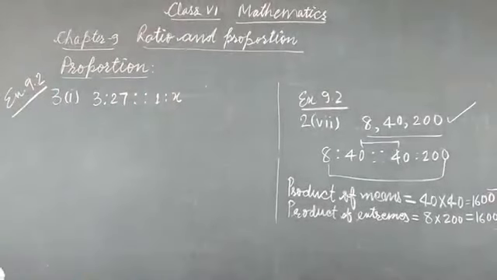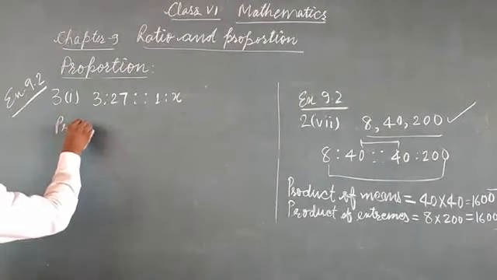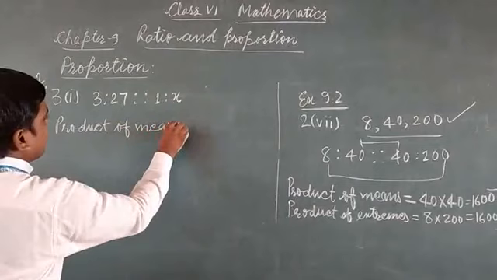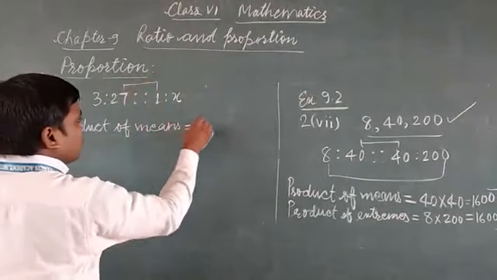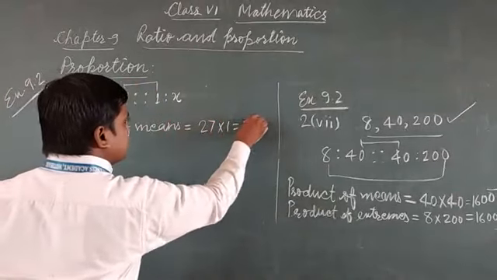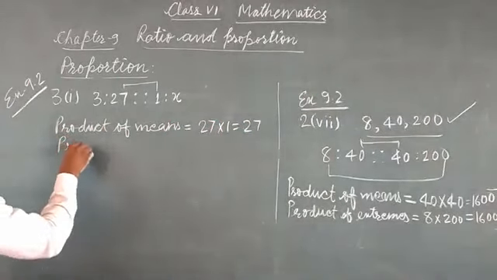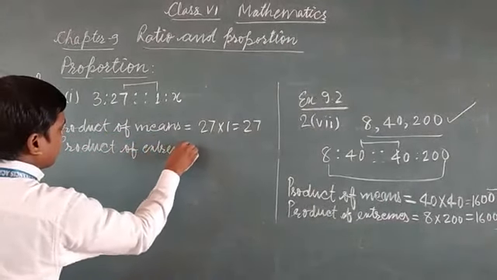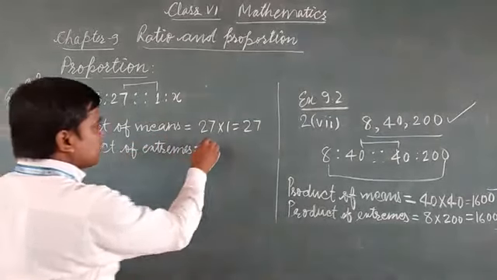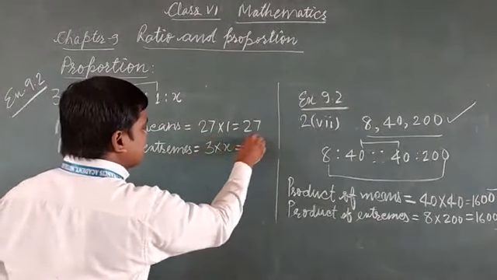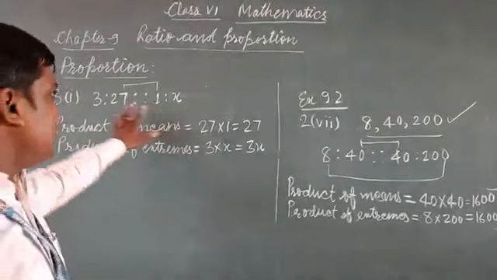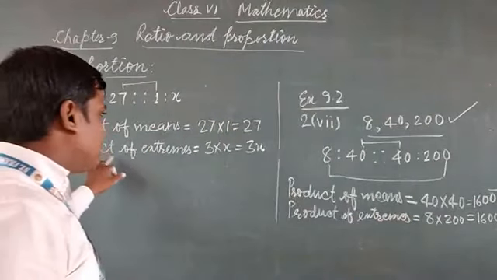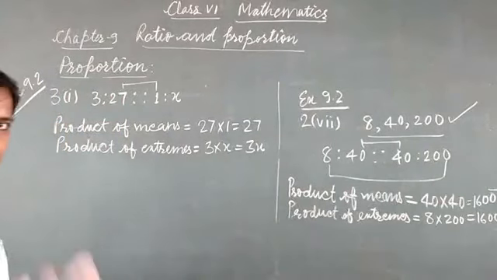So what do we have to calculate? We will calculate the product of means, which is 27 into 1, 27, and the product of extremes, which is 3 into x, that is 3x. Now we know that if two ratios are in proportion, then the product of means is equal to the product of extremes, or the product of extremes is equal to the product of means.